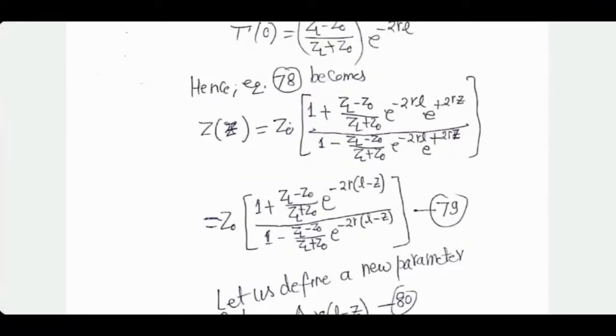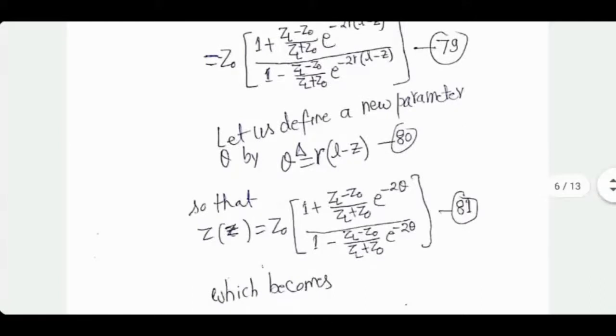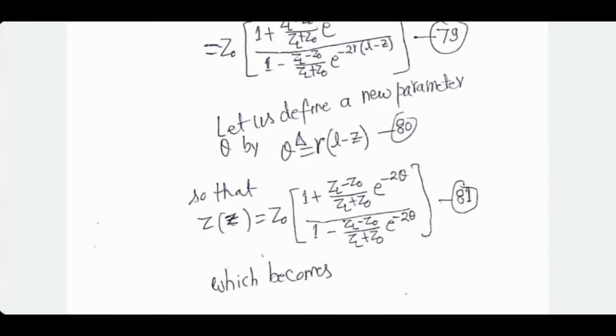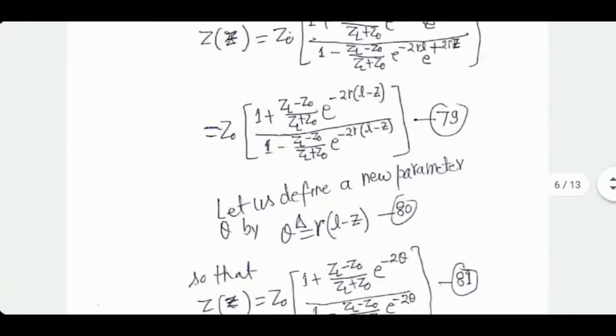Good thing is that this derivation has been done by millions of people, millions of times. And hopefully we have made no mistakes. So z at any arbitrary location small z is given by equation 79. We define, for the sake of derivation at least, a parameter theta, which is gamma multiplied by (L minus z).